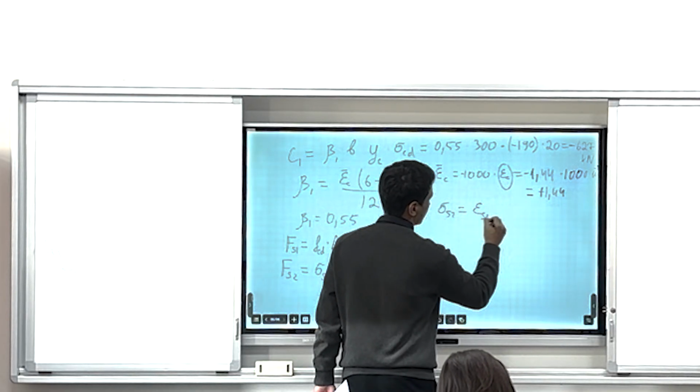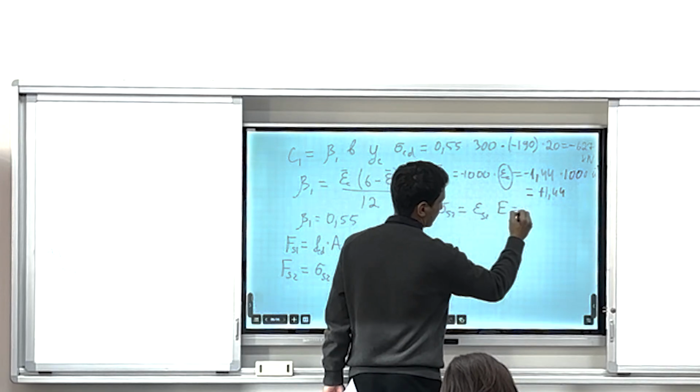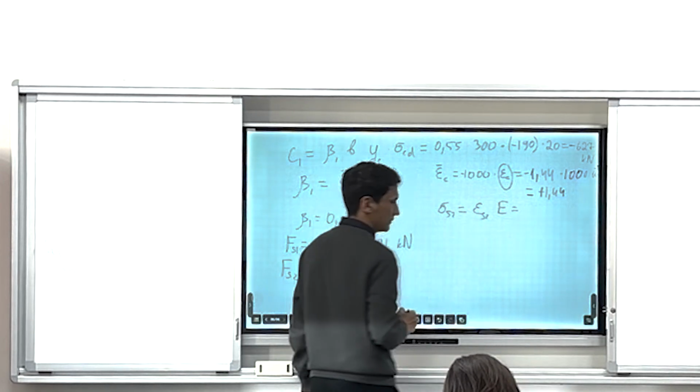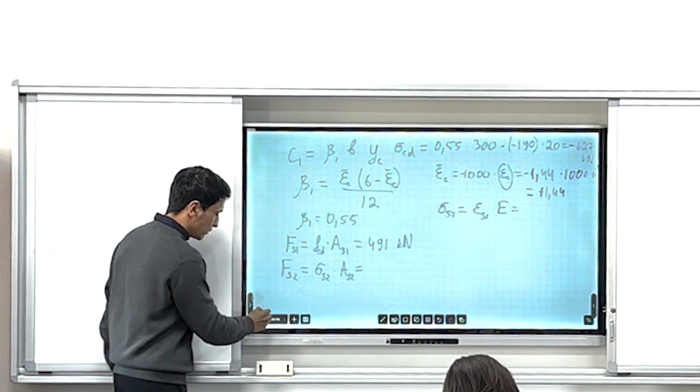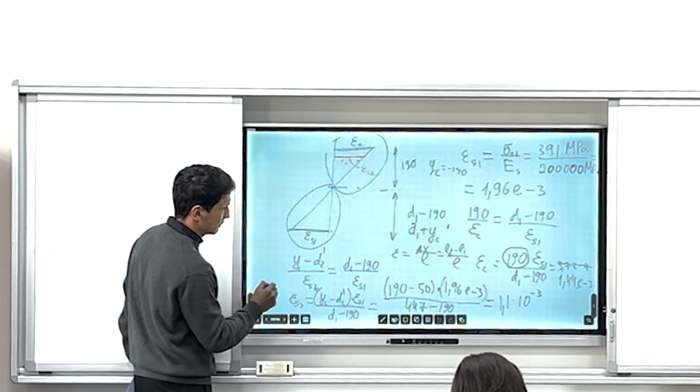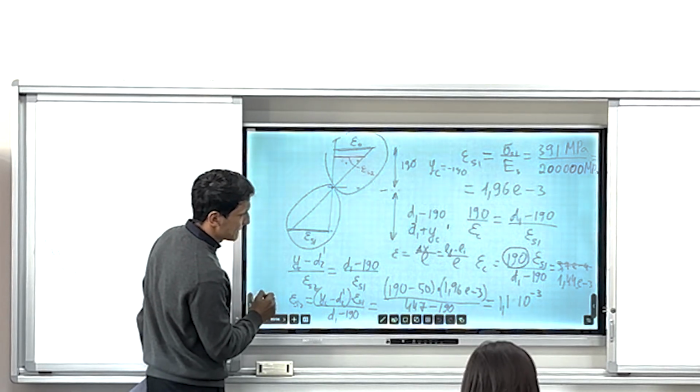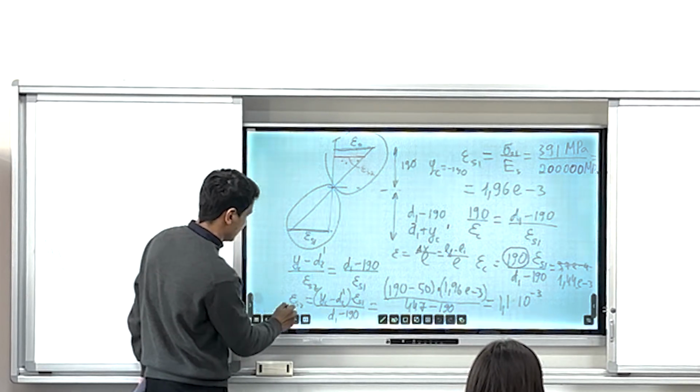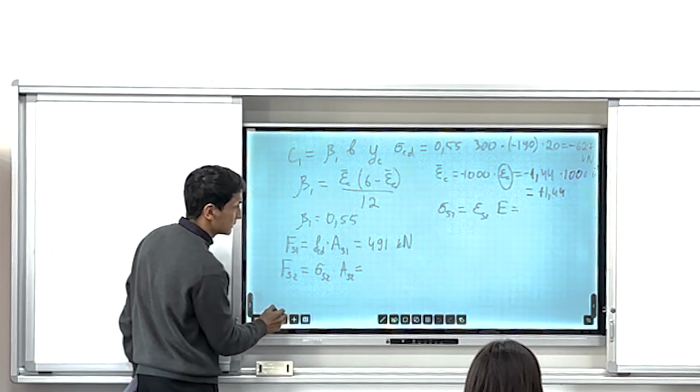So sigma S2 is equal to epsilon S2 multiplied by E. What was our epsilon S2? Minus 1.1.